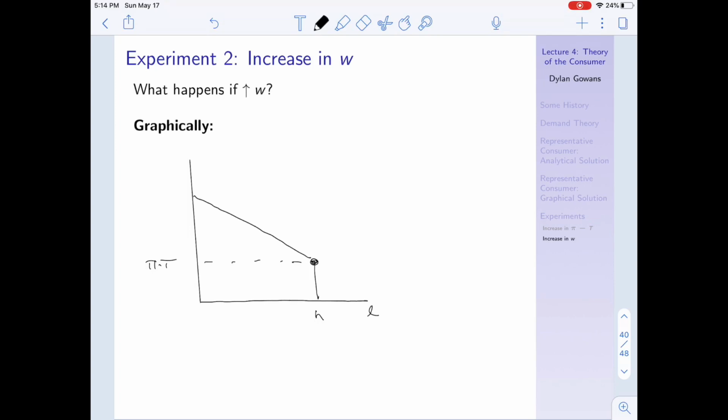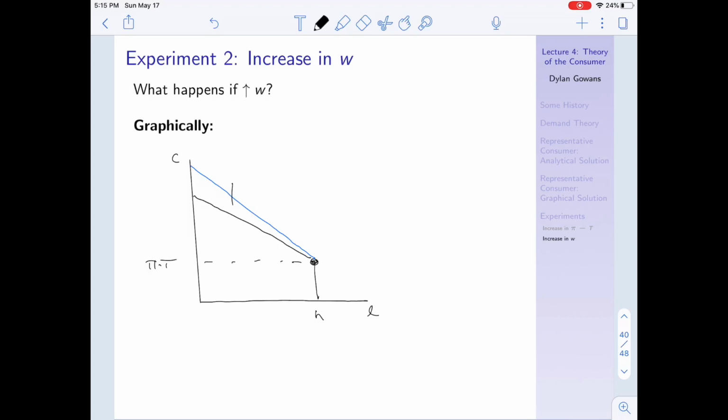But now if the wage increases, what happens is the slope of this segment will increase, right? This now says that I can consume more, or I receive more consumption for each hour of leisure I give up because the wage is higher.